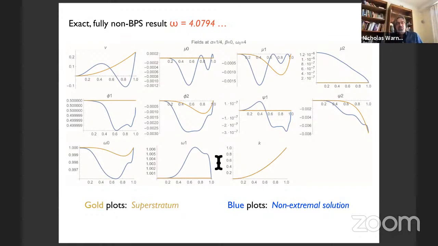It's a semantic point. What's going on here is that the superstratum has a momentum that's exactly on the light cone, and an antisuperstratum has a momentum that's exactly on the other light cone. These have a momentum that is inside the light cone, and so it's got a QP, but it's got more mass than it has QP in that sense.